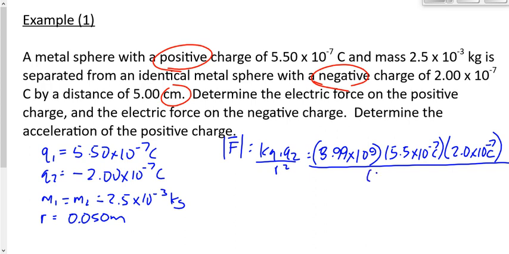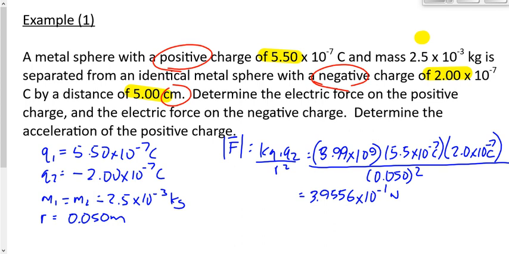r is 0.050, and we square that. We solve for the force here, and we end up getting 3.9556 times 10 to the minus 1 newtons, which we're going to round to how many digits? This is 3, this is 3, this is 3, this one is, I don't care. Why don't I care? Because I didn't use it.